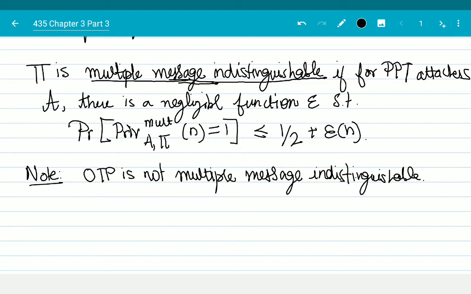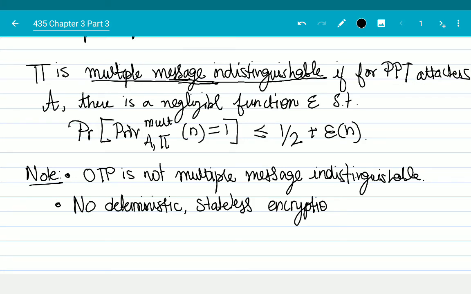So the first big problem is that OTP or pseudo OTP is not multiple message indistinguishable. In fact, no deterministic stateless encryption scheme is multiple message indistinguishable.